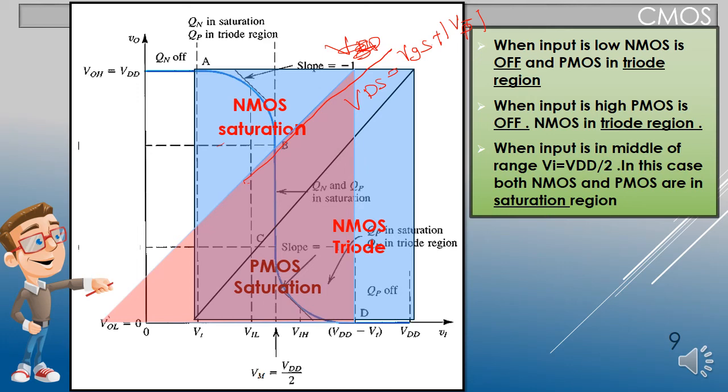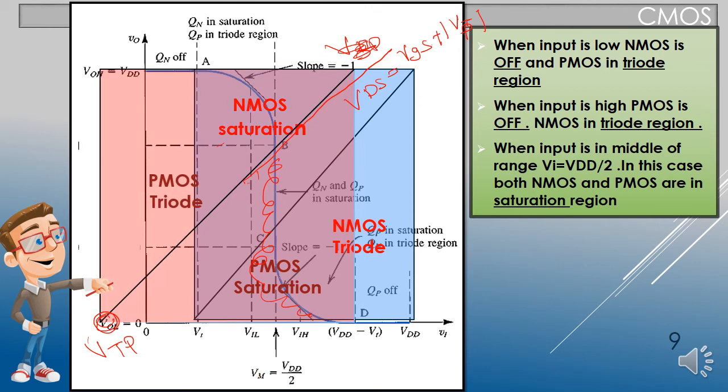So that's why we know that this is VTP, threshold voltage for P-type. So in this condition, PMOS is in saturation, and above this condition, PMOS is in triode region. That's why we have written here QP is in triode region.